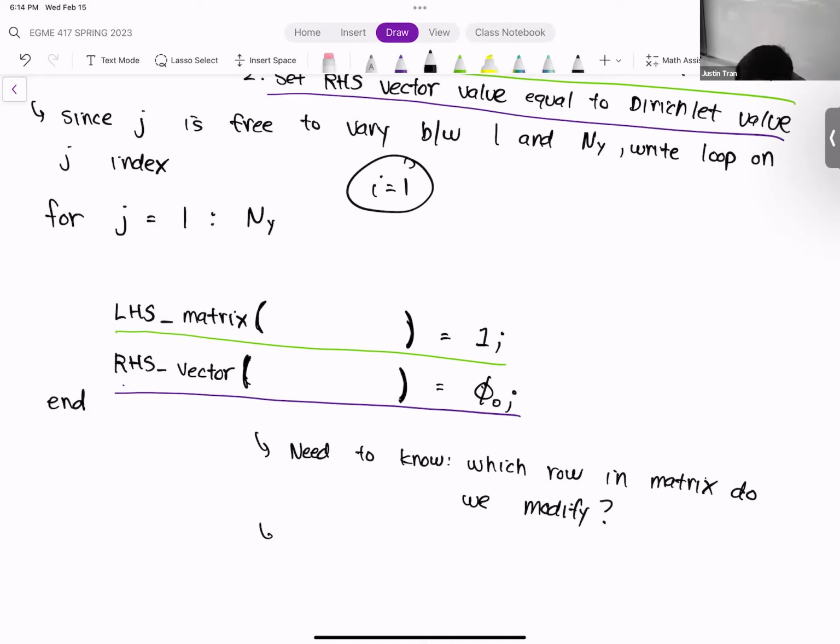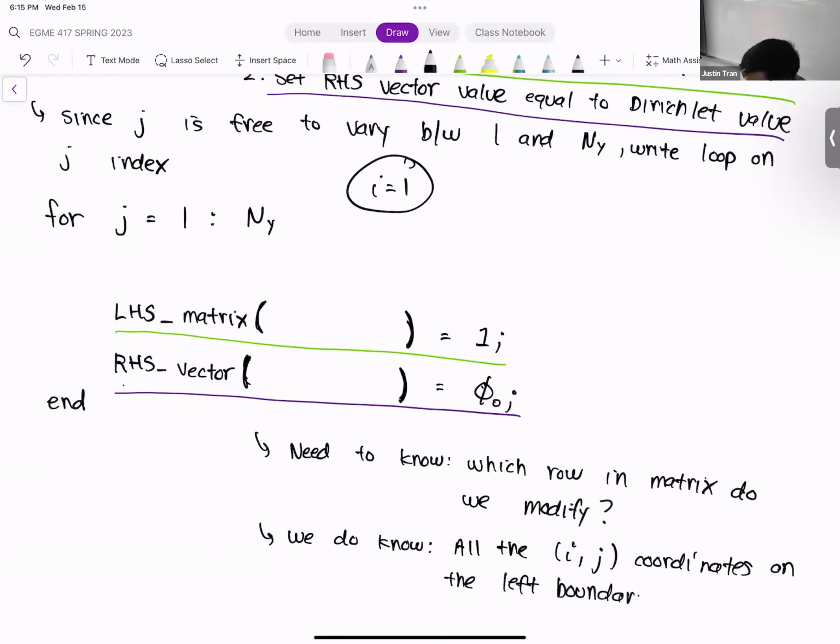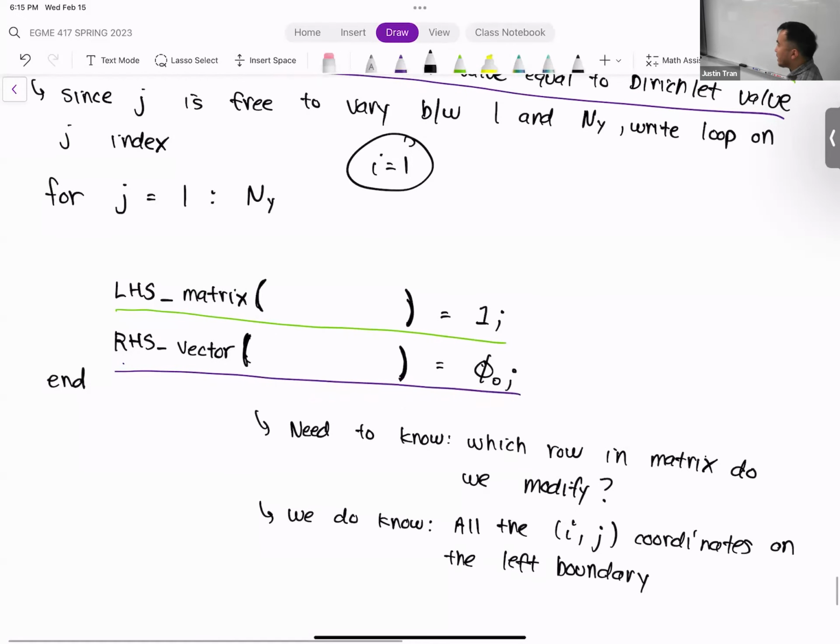So right now, we basically already know all of the IJ coordinates, because I is fixed at 1, and even though J is free, we're looping over all the J values.